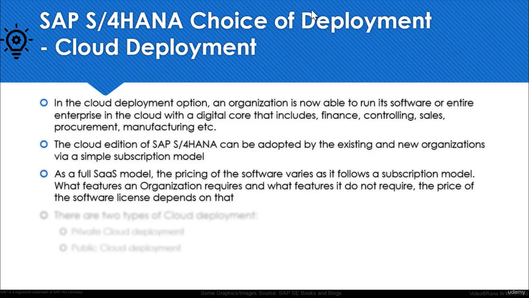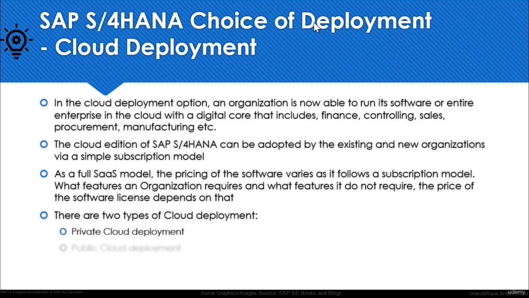As a full SaaS model, the pricing of the software varies as it follows a subscription model. What features an organization requires and what features it does not require, the price of the software license depends on that. There are two types of cloud deployment.